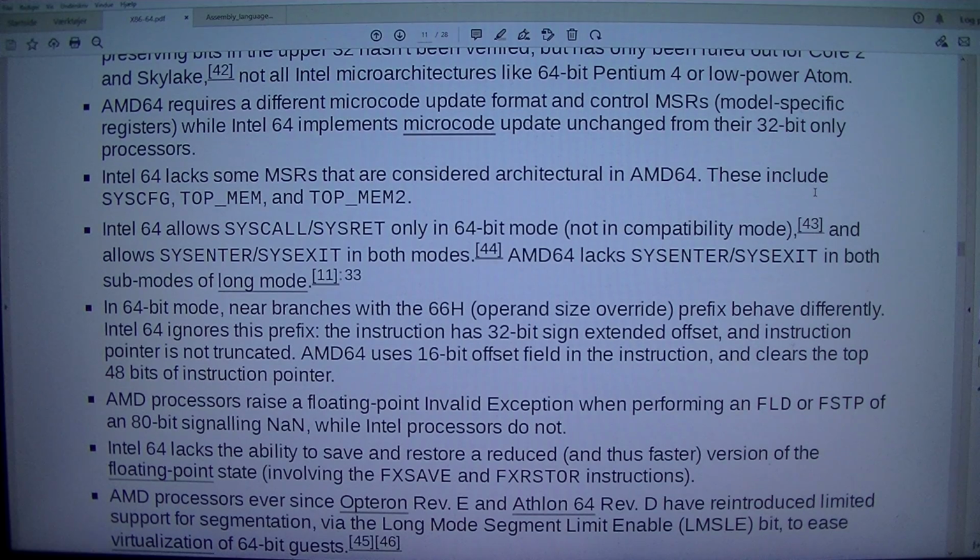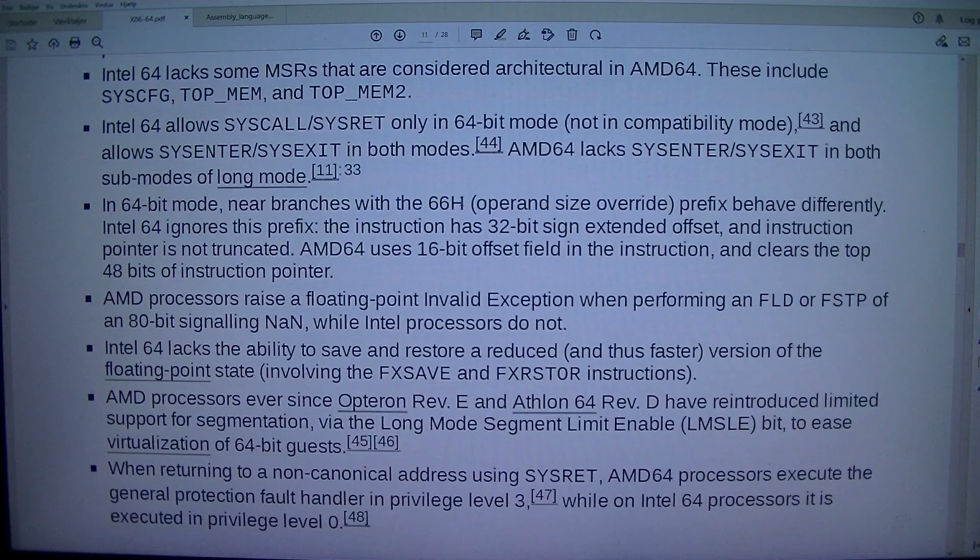These include SYSCFG, TOP_MEM, and TOP_MEM2. Intel 64 allows syscall/sysret only in 64-bit mode, not in compatibility mode, and allows sysenter/sysexit in both modes. AMD64 lacks sysenter/sysexit in both submodes of long mode.